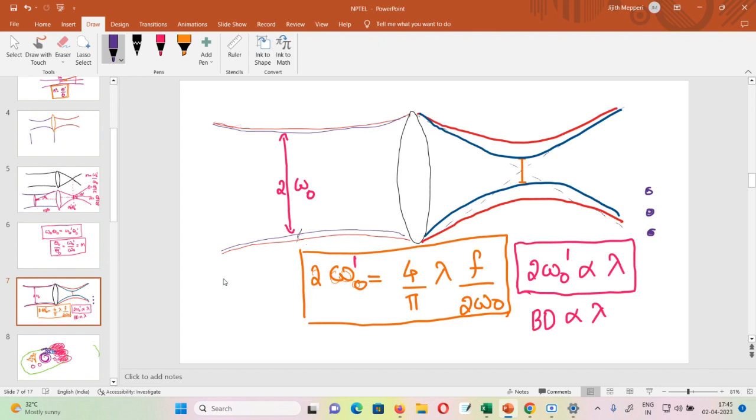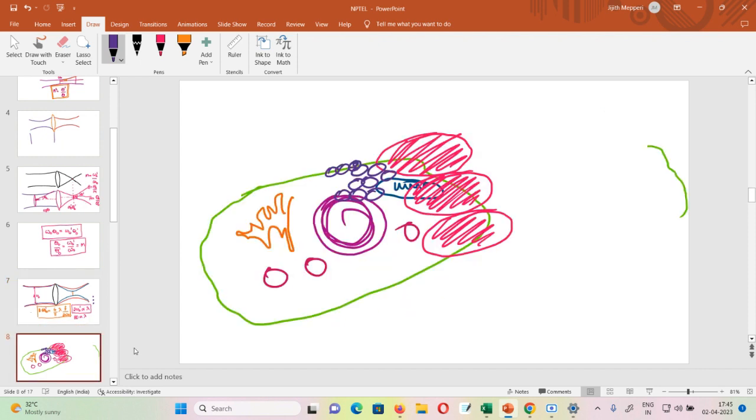If you are considering it as a wave, the matter wave wavelength of the electron is proportional to 1 by square root of V. This is additional information, don't worry about it. This V is your accelerating potential.